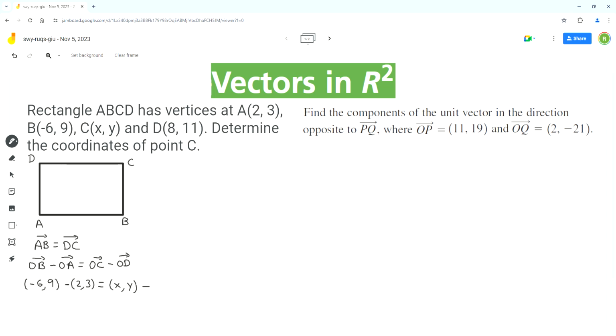And for position vector OD, we'll use point D. Now we can subtract these vectors. So we subtract the x components and y components.